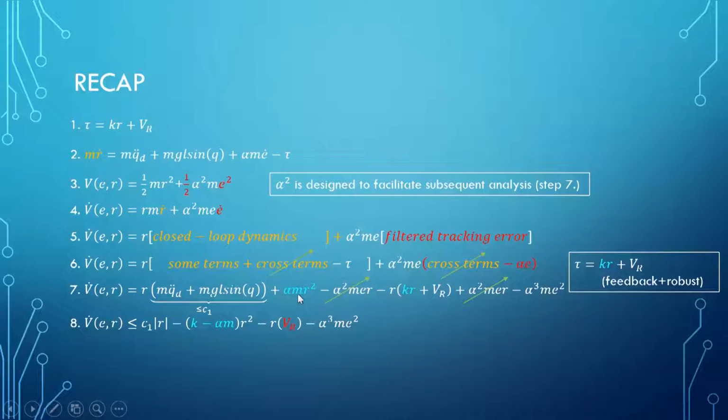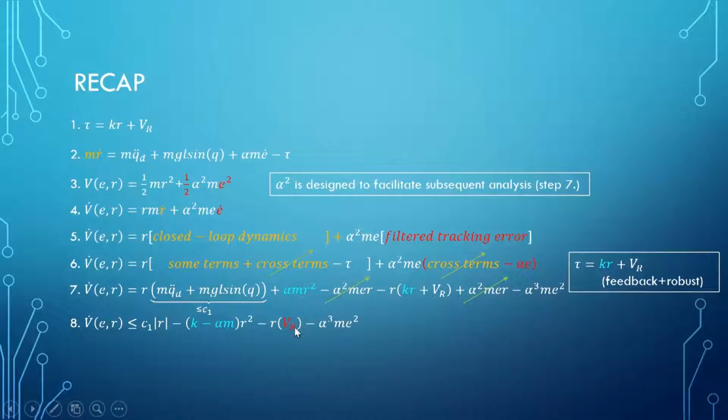You have plus something R squared, that's a bad term, but it can be combined with some minus R squared terms here, and this is a good term. As long as K satisfies some condition, this term will be a good term. Here's another good term that comes from here, and now you have only two terms to take care of. This is the one, and this is the second one.